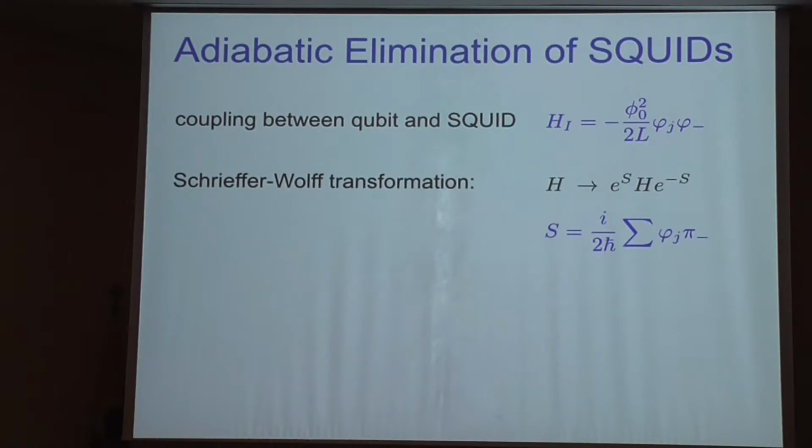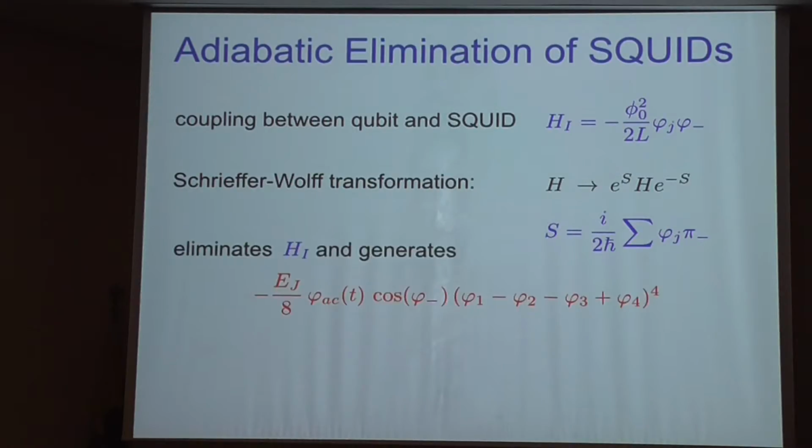The elimination you can do with the Schrieffer-Wolff transformation, and the generator of this transformation should have this form. That eliminates this type of coupling and actually generates a term where you have the drive of the squid times a combination of the qubit degrees of freedom to the fourth power, and that will give rise to this four-body interaction.